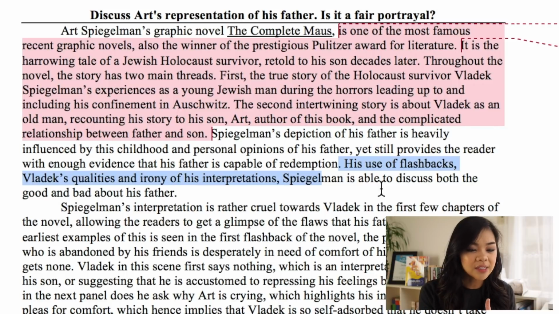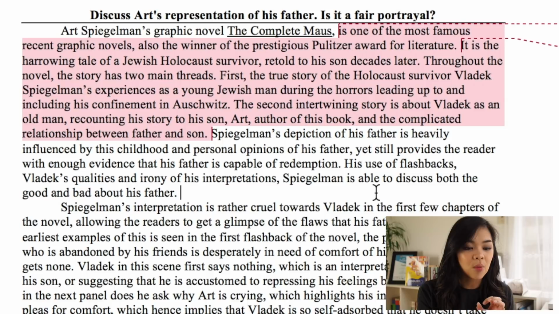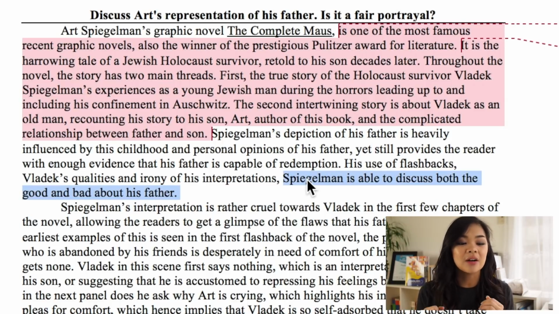And I would definitely try to rewrite this sentence. What I think is good is it does take the student a while to get there, but she really does form a point, and that is Spiegelman is able to discuss both the good and bad about his father.